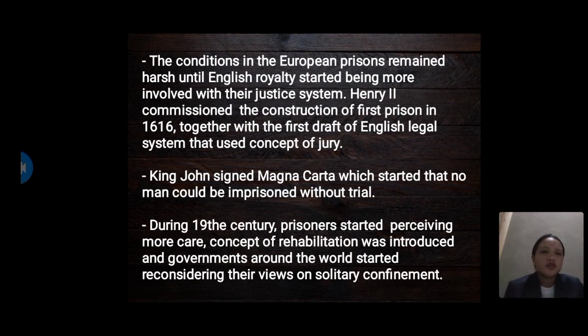So, during the 19th century, prisoners started perceiving more care. The concept of rehabilitation was introduced and governments around the world started reconsidering their views on solitary confinement.